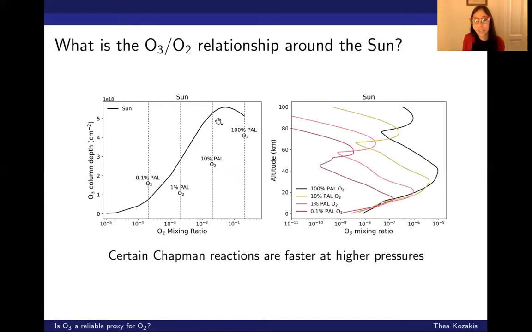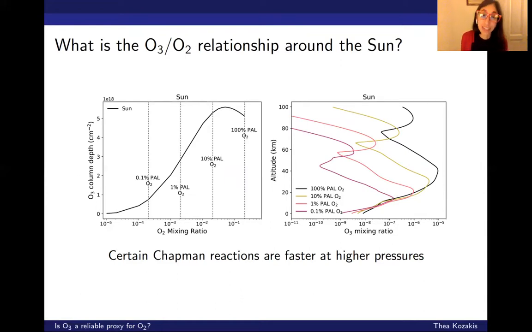However, if you look at the ozone mixing ratios for the atmospheric models I have at these vertical lines, with these different levels of oxygen, you're seeing the amount of ozone for the different altitude layers. You can see that as there's less and less O2 in the atmosphere, the ozone layer is moving down to deeper layers.